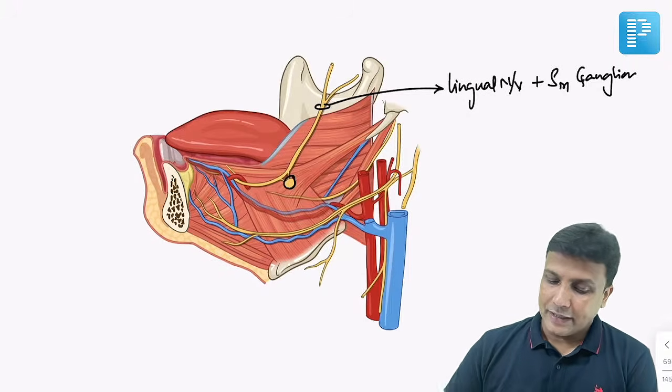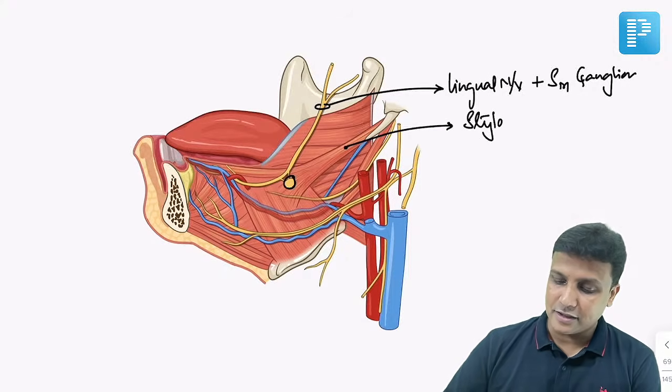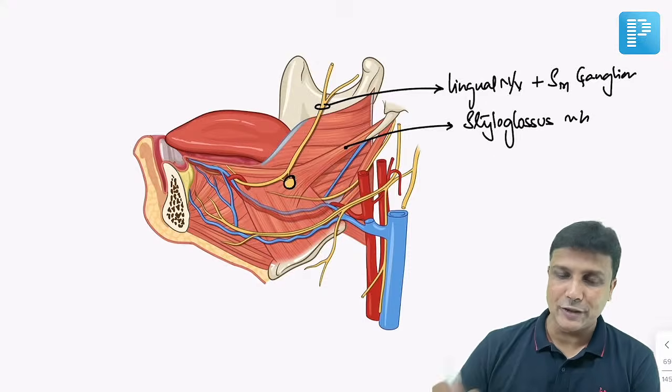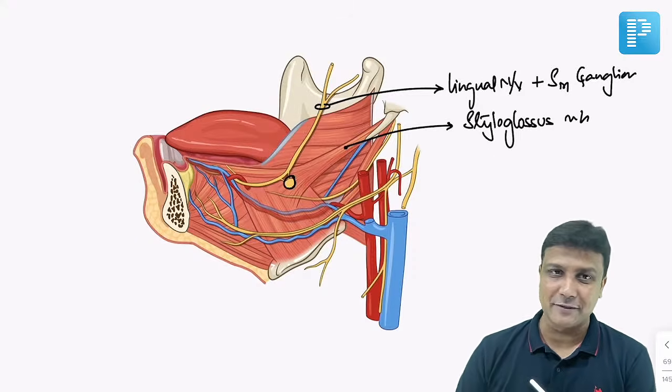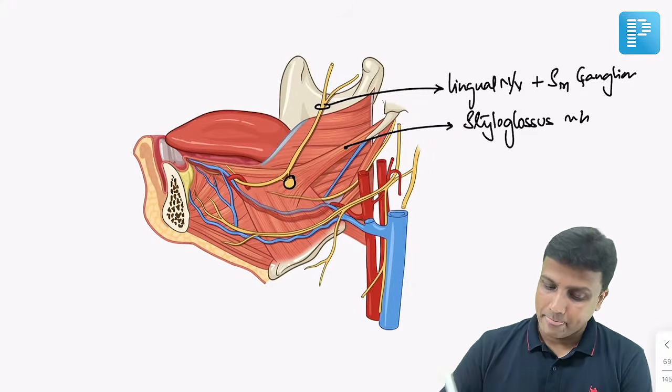Perfect. And after that, you're able to see that there is a muscle here. This muscle starting from the styloid process is the styloglossus muscle. And that is also going to pass superficial to the hyoglossus muscle. You can clearly see it's going superficial to the hyoglossus.